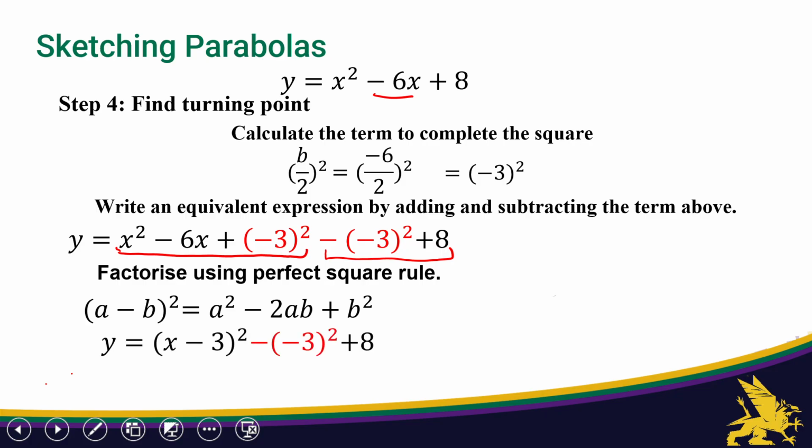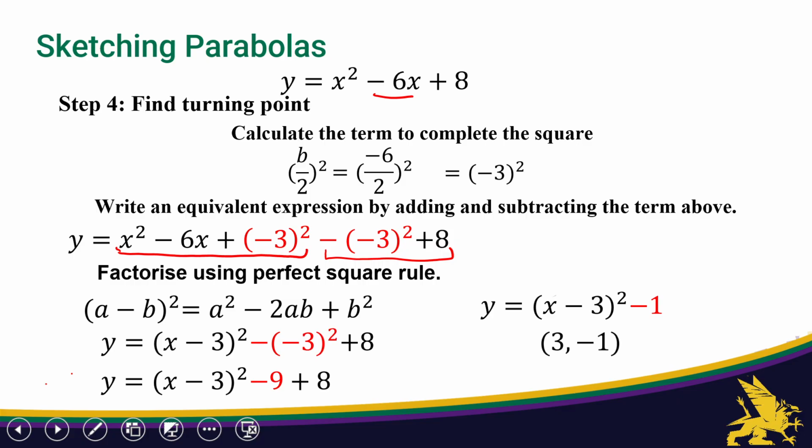So that gives me (x minus 3) in brackets squared, take away in brackets negative 3 squared plus 8. We'll simplify that. Negative 3 squared is 9, so we take away 9 plus 8, which equals negative 1. That gives me my point of 3 and negative 1.